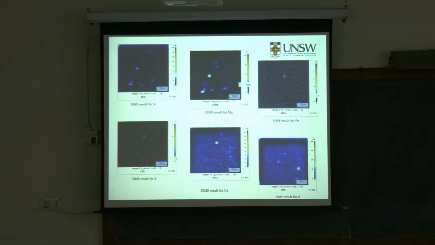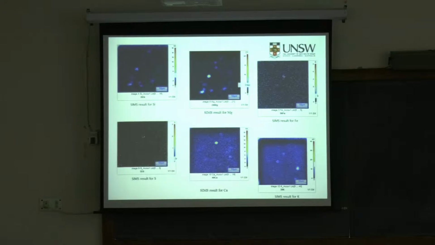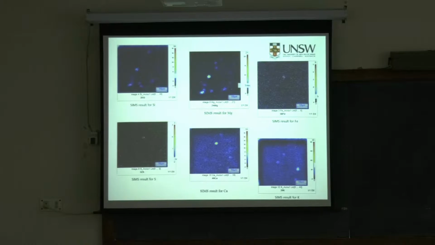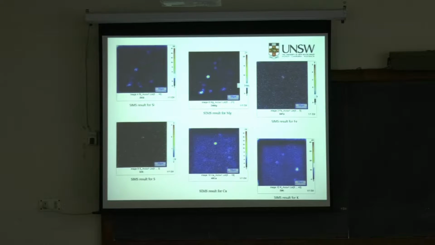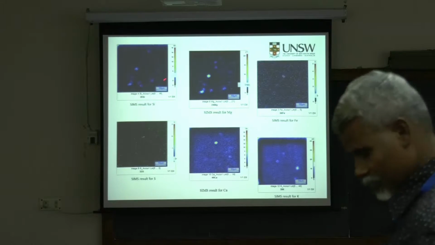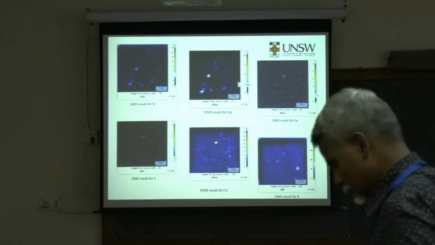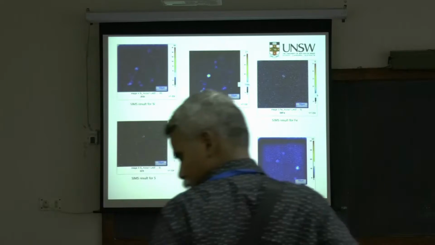If you look at SIMS, within that square, it shows silicon. There is also magnesium. The result for iron is very low. Silicon is quite high. You have some magnesium. Sulfur is low.